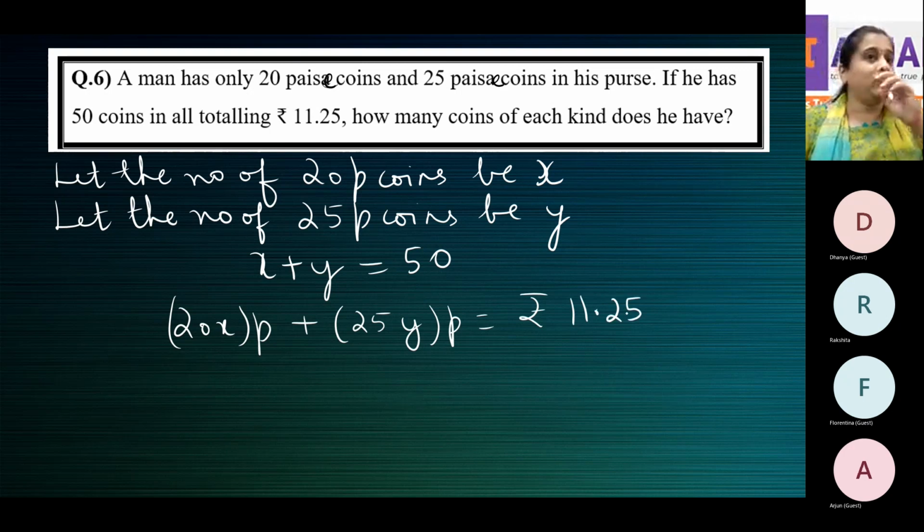How can this be? You cannot have two different units in the same equation. In one equation you should have only one unit. You cannot have paise and rupees. So you should convert everything to paise or everything to rupees.